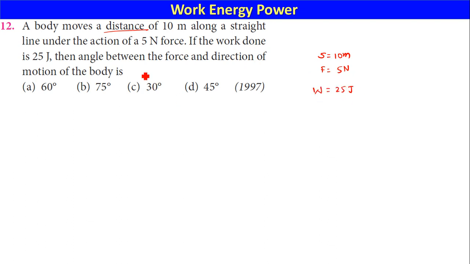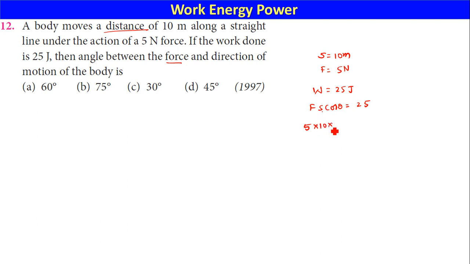Very good. Then the angle between the force and the direction of motion of the body is, so basically F s cos theta is the work done, that is equal to 25 joules. He is asking the angle between the force and direction of motion. Direction of motion is nothing but displacement only. Yes, that's what theta is. Now what is F? 5. What is displacement magnitude? 10.